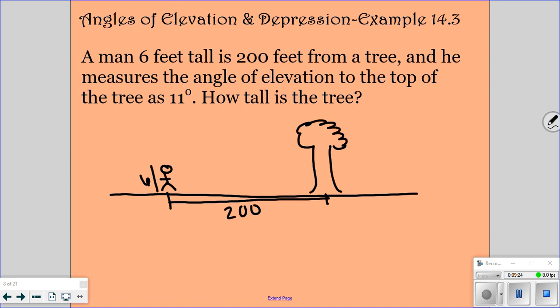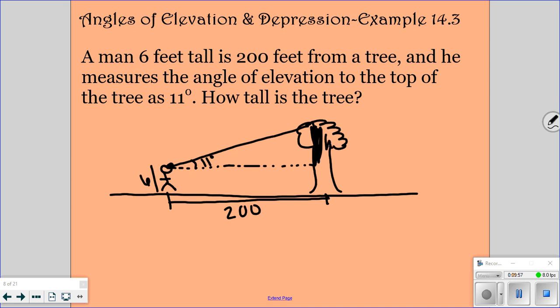And then he measures the angle of elevation to the top of the tree as 11 degrees. Now, since they told us how tall he was, we are going to actually start the angle of elevation at the top of his head. If they hadn't told us how tall the man was, then we would start it at his feet. We would ignore how tall he was. But since they told us his height was 6, we start at the top of his head. And we want to know what is the height here.